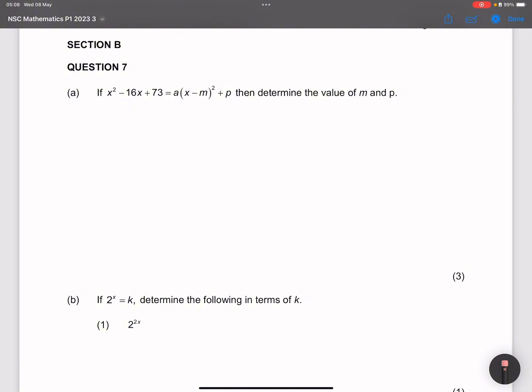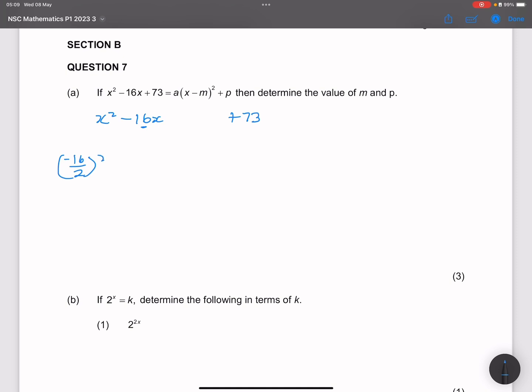So we're going to say this is x squared minus 16x. Now, if we complete the square, we're going to put the 73 a little bit further. We always say take the middle term, divide by 2 and square it. So that's minus 16 over 2, squared.